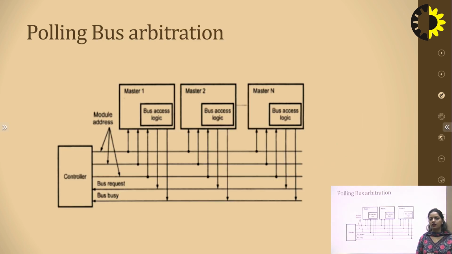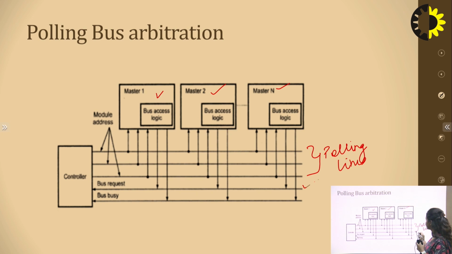So after daisy chaining, one more scheme, the polling bus arbitration scheme, was invented in order to overcome the drawbacks of daisy chaining. In this scheme, as we see here, we have multiple devices connected up to n, similar to the daisy chaining bus arbitration scheme, but the difference is that we have some polling lines, known as polling signals, which are not present in the daisy chaining scheme.